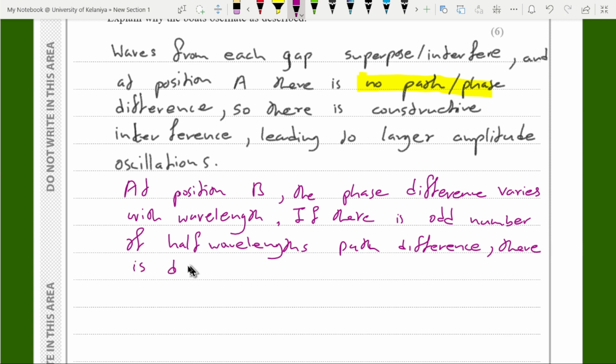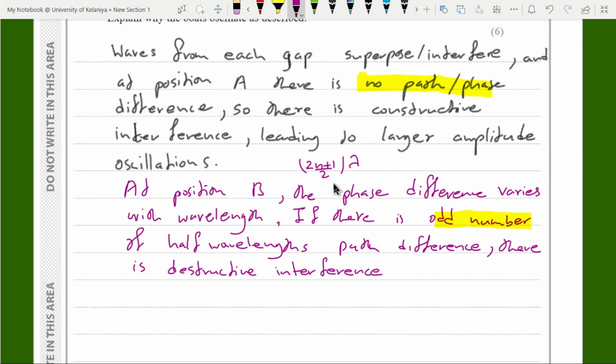There is destructive interference, right? So you might wonder why they have used an odd number. As I explained to you, I'm writing it over here, 2n plus 1 over 2 lambda.